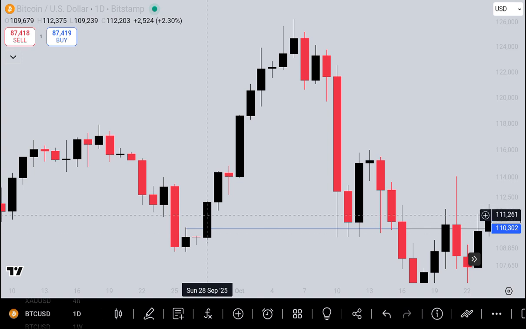Now the most important thing about continuation directional bias is that once it breaks through, it has to close above. Take note, in continuation directional bias, once the candle breaks above or below the high or the low of the candle, it has to close above the high or low.